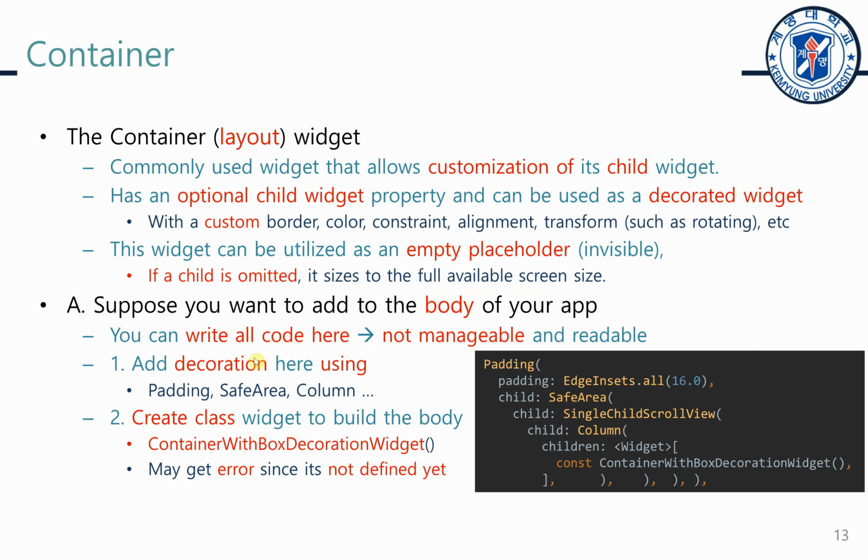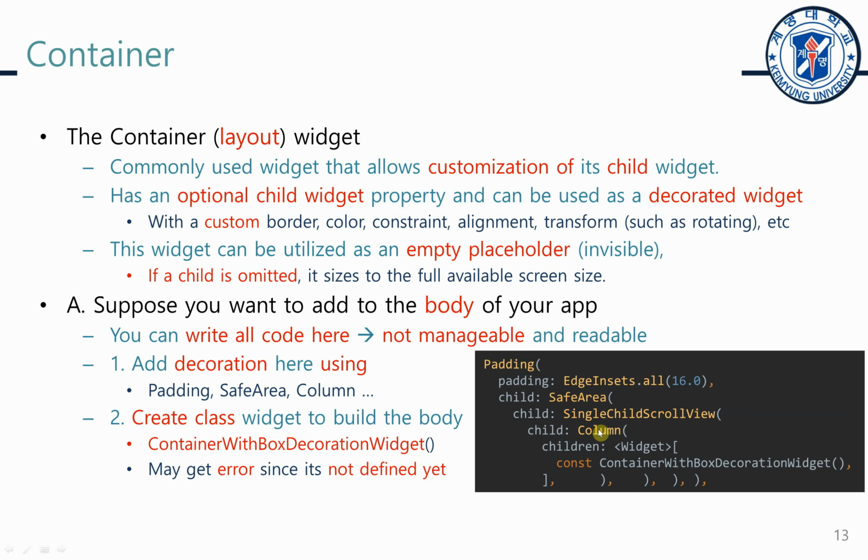What I do is add other widgets to make my body look good. I can add decoration, and I can add some padding, safe area, and column widget. We'll see what the column widget is later on.